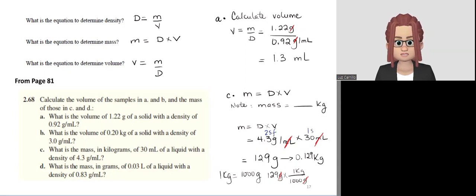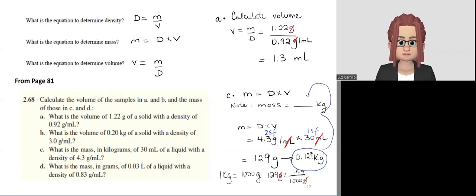This has 1 sig fig. So we need to round this answer to one significant figure, which means that our final answer is 0.1 kilograms.